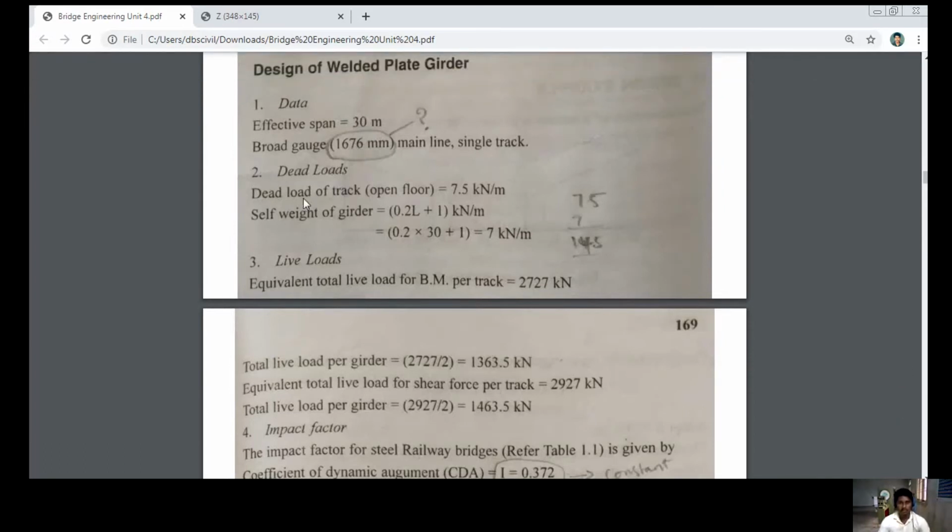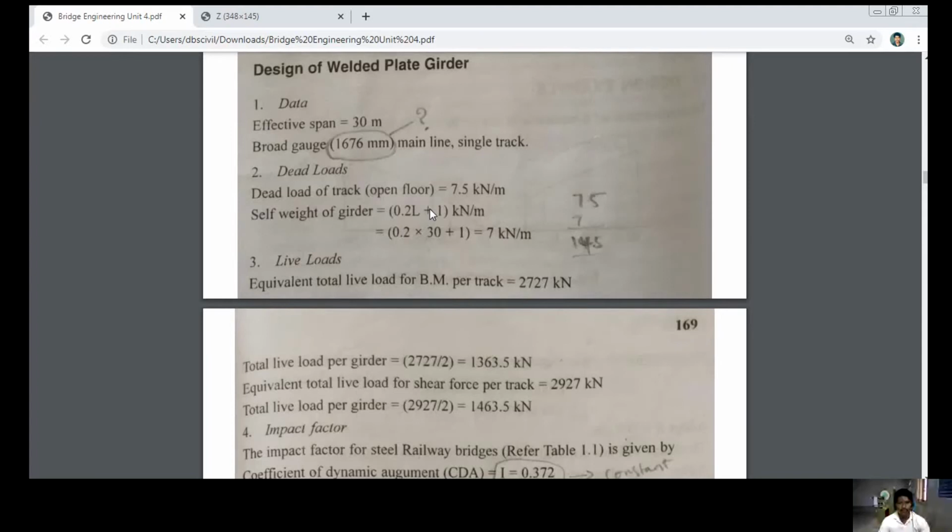Dead load we have as 7.5 kilonewton per meter. From the design principles, there is a formula for dead load: 0.2 L plus 1 kilonewton per meter. That is 5 plus 7, nothing but 14.5. Make a note of 14.5.